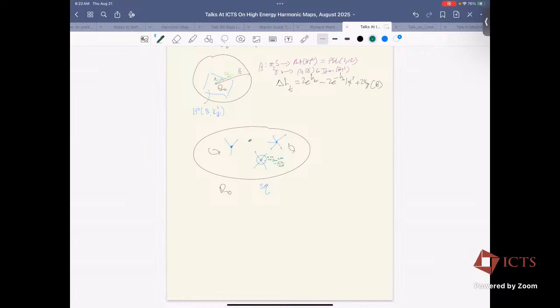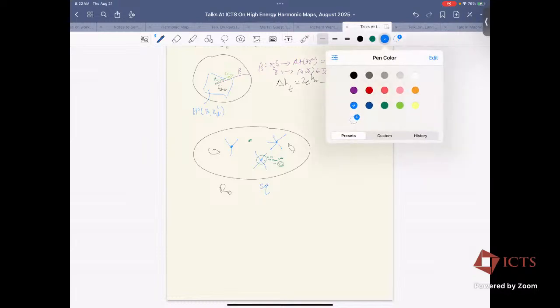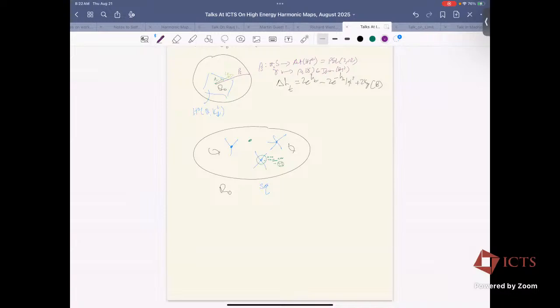In order to understand this representation, let me redraw the picture. I have this surface S, and how do I imagine gamma in pi 1 of S?